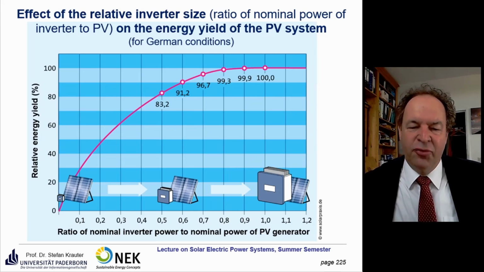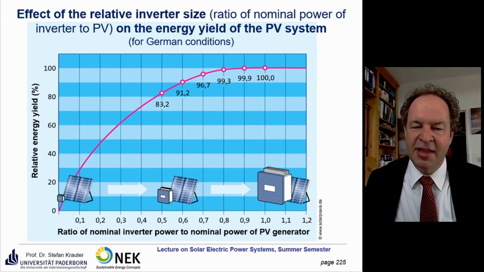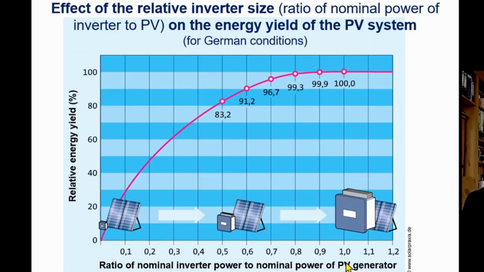The fact that full irradiance occurs very seldom can lead to some quite interesting design recommendations. For example, usually you would say, okay, I have a PV generator of 1 megawatt, and according to that, theoretically, the output power could be 1 megawatt. I have to buy an inverter with 1 megawatt. That inverter works mostly under partial conditions then, but you can save some money if you reduce the nominal power of your inverter.